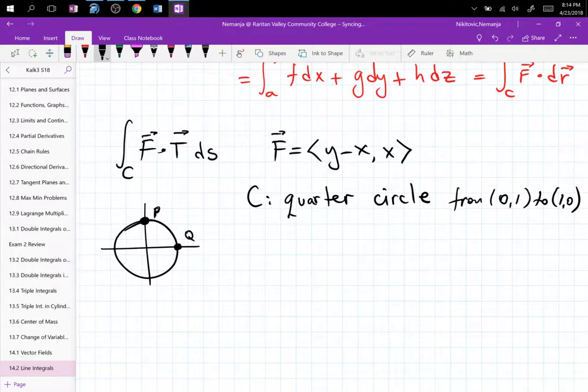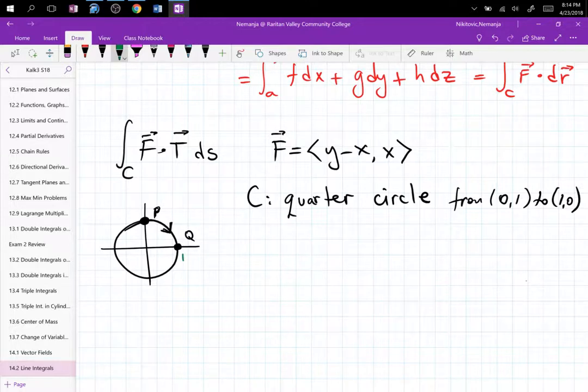I need a quarter circle, so I go from P to Q, so I have to go this way, right? You see, that is the crucial piece of information, that little arrow there. What do I know about my parameterization now that the arrow is that way?